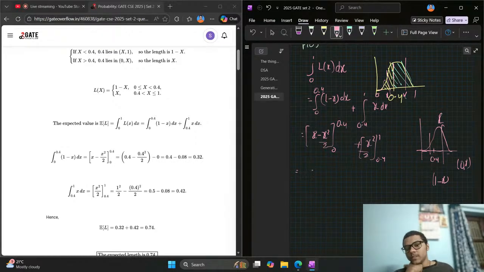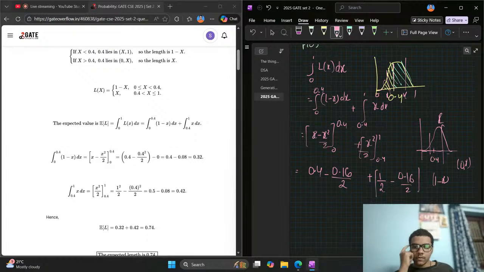So upper limit minus lower limit, just substitute it. 0.4 minus 0.16 by 2, plus 1 by 2 minus again 0.16 by 2.